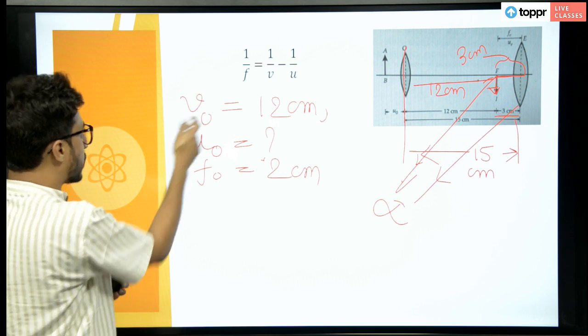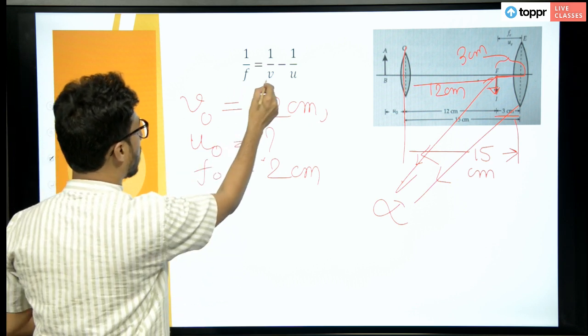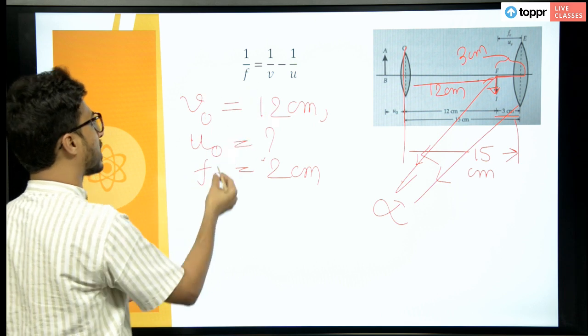So this will be 1 by f equals 1 by v minus 1 by u.